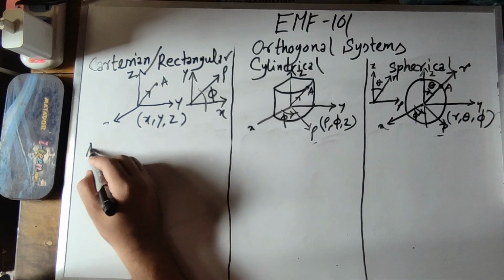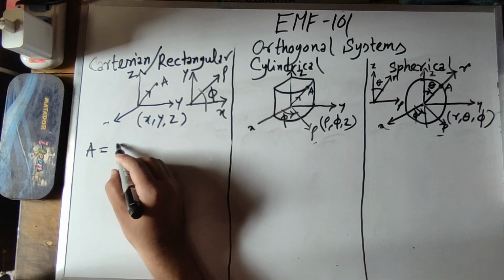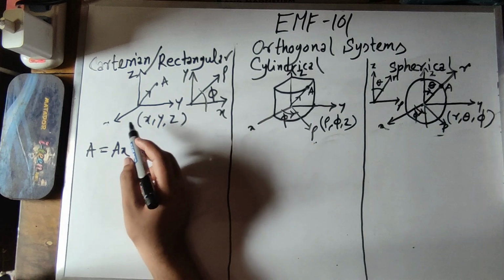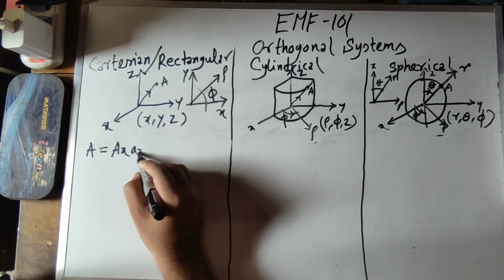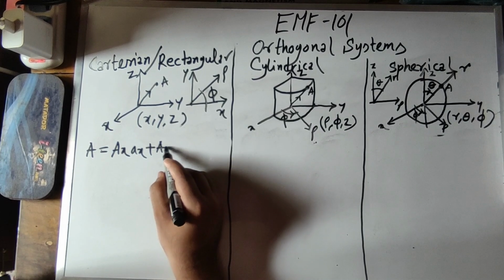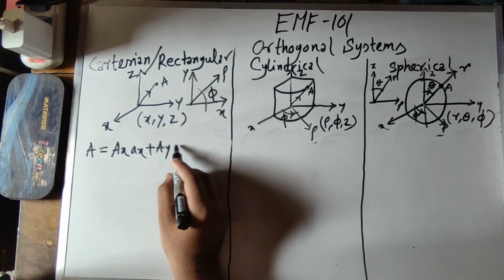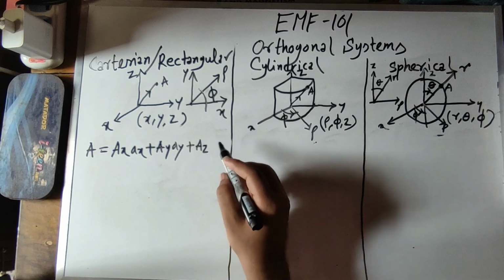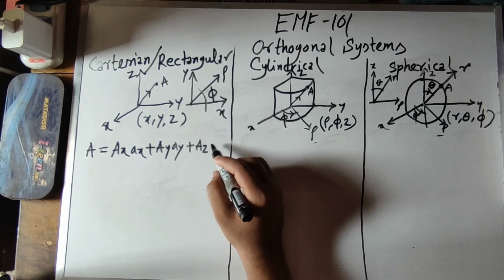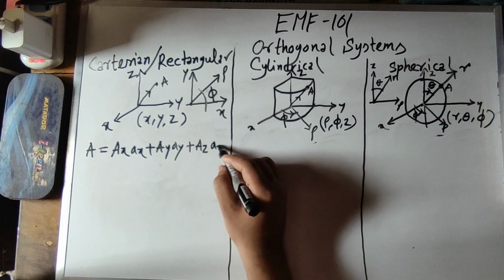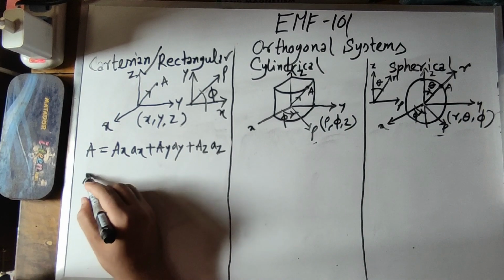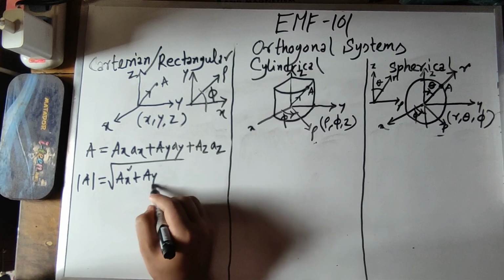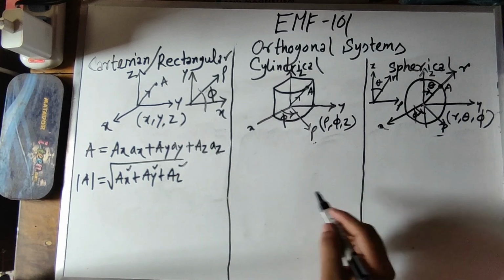A vector a in Cartesian is defined as its x component in the direction of x with unit vector ax, plus a y component in the direction of y with unit vector ay, and a z component in the direction of z with unit vector az, and its magnitude is obviously the square root of ax square plus ay square plus az square.